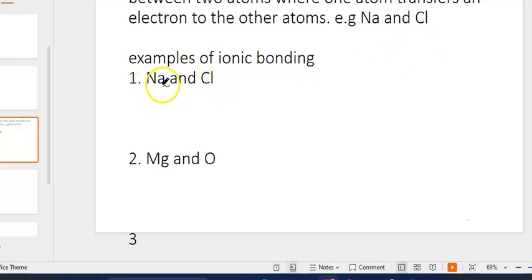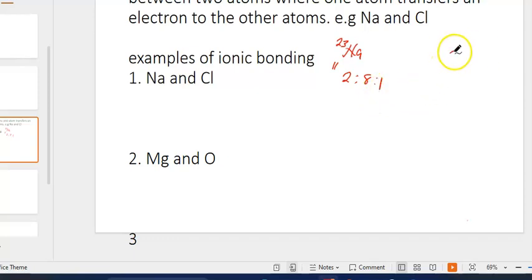the electronic configuration for sodium and see how many electrons sodium is expected to lose. Sodium has atomic number 11 and mass number 23. The electronic configuration for sodium is 2, 8, 1.